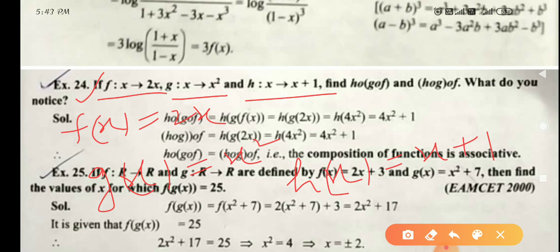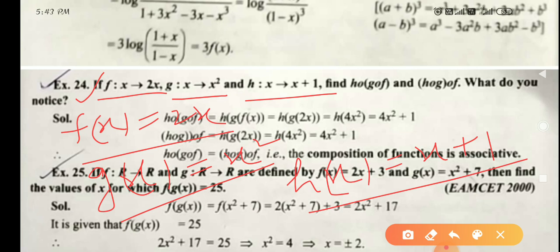These three functions are given. f(x) equals 2x, g(x) equals x square, h(x) equals x plus 1. You have to find (h o g) o f and h o (g o f).